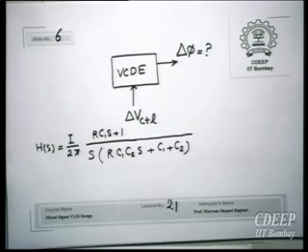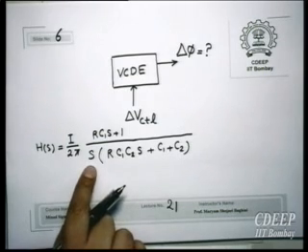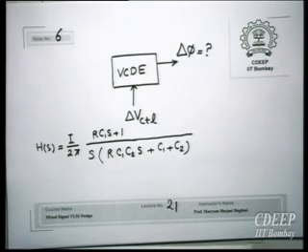And I is the current source of the charge pump, the value of the current source in the charge pump. So again, as you see, at s equal to 0, this H(s) is not stable.